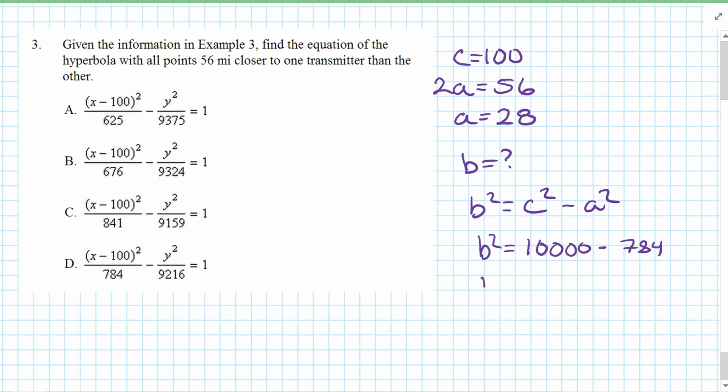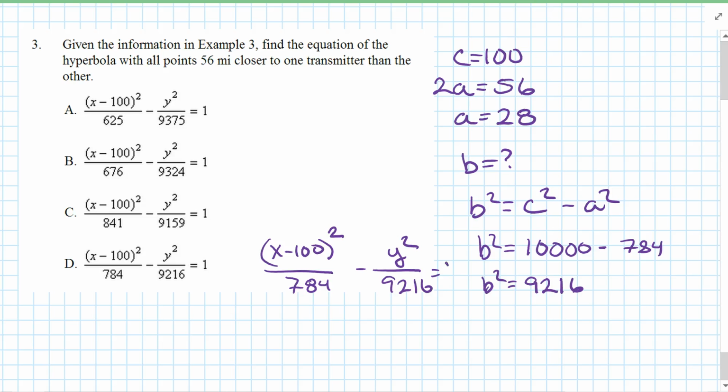So B squared is going to equal 9216. A goes with our x value, so it's going to be (x minus 100) squared over A squared, which would be 784, minus y squared over 9216 equals 1.